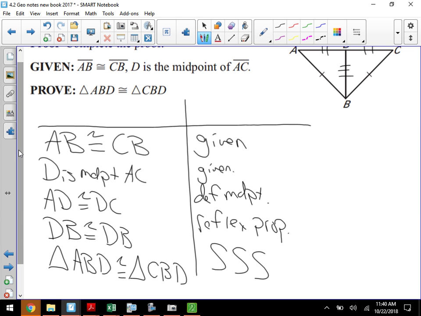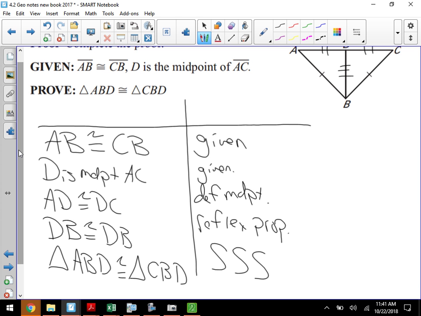Okay? You go to that step at the very end with the ABD. That's 7 steps. 70% of the proof is basically handed to you. You just have to write it down. The other parts, well, it's reflexive. That's on a progression sheet. And then you just have to make the one decision. What way are those triangles congruent?